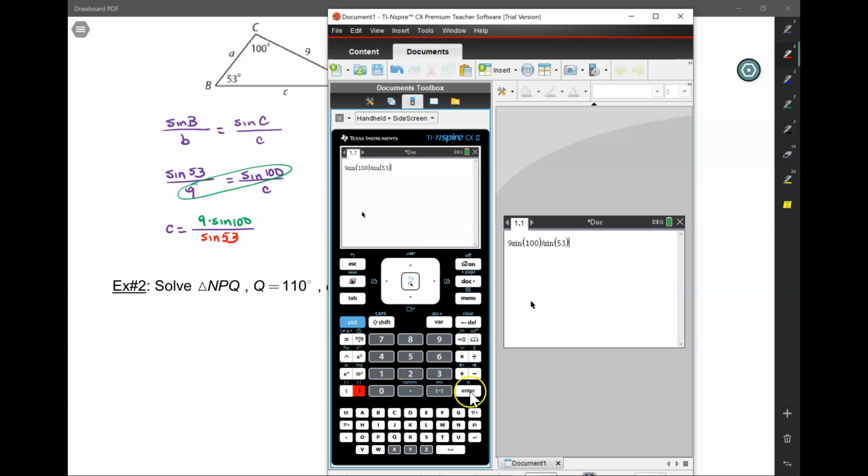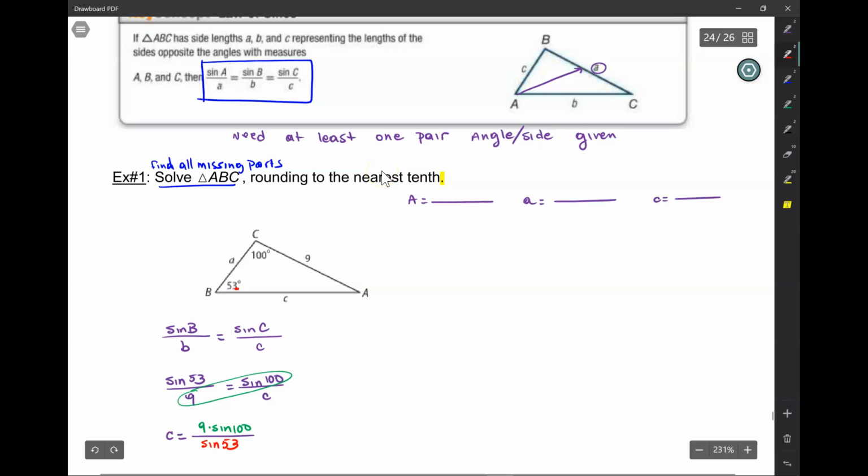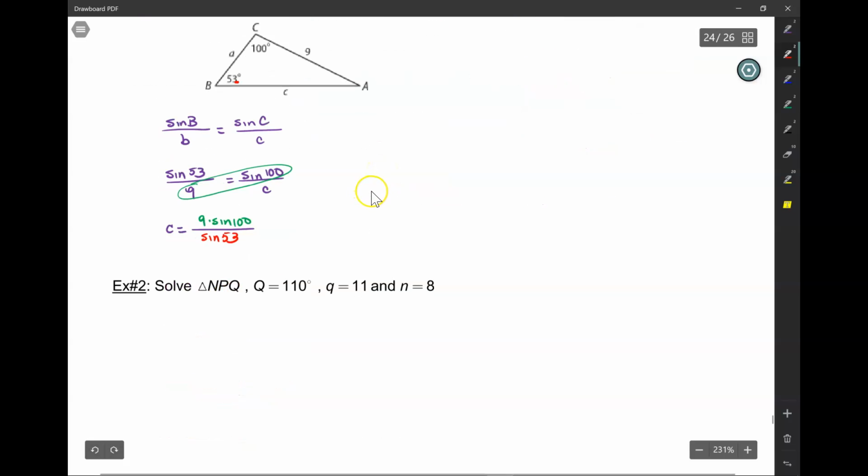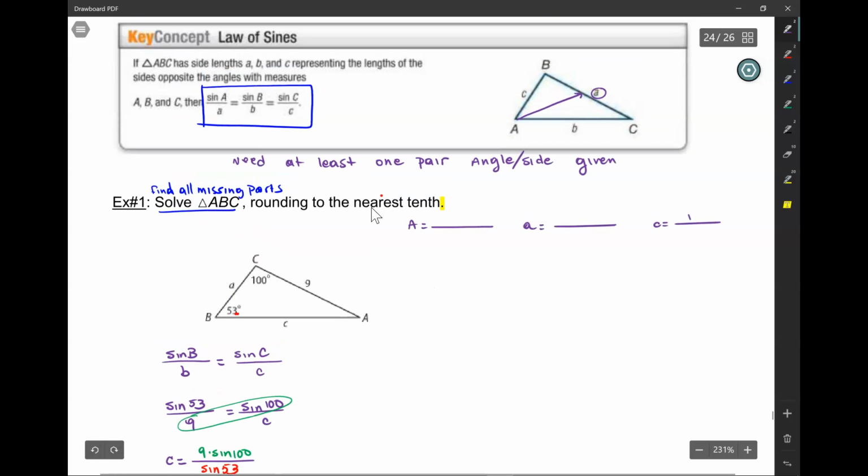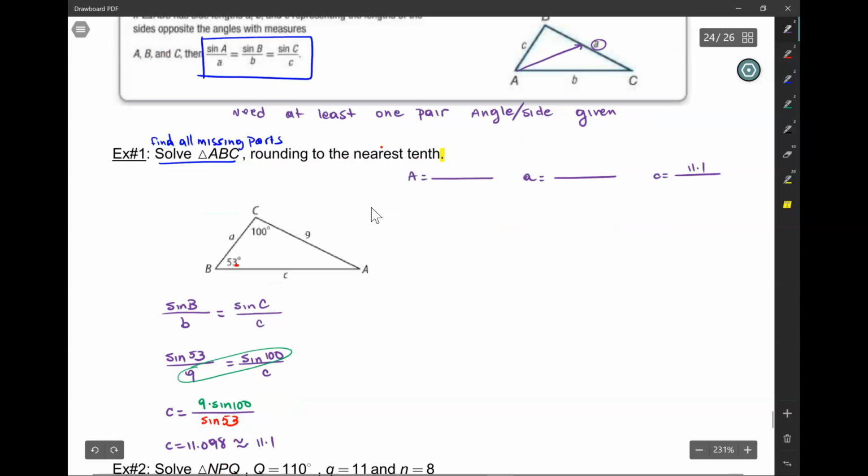You have to be in degree mode. And so we have 11.098. Go back to the instructions, and it says to the nearest tenth. So c is 11.098, approximately 11.1. So my little c here is 11.1.